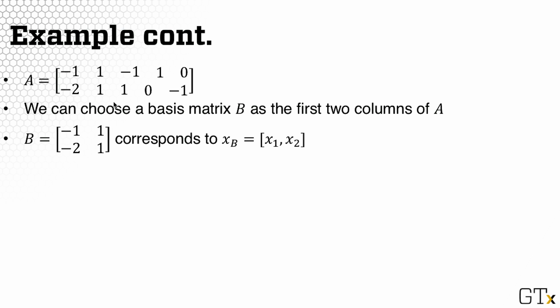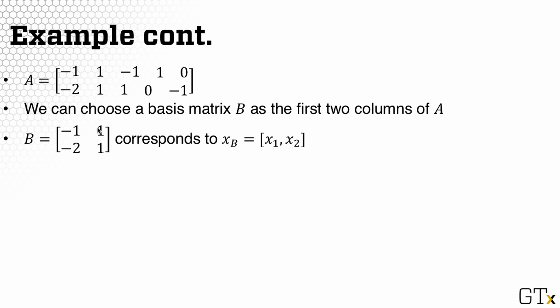So, for example, we can choose the first 2 columns, -1, -2, and 1, 1. And these 2 columns are actually linearly independent. It's easy to see because the determinant -1 minus -2 is 1. So this actually is invertible matrix. Therefore, it must have 2 linearly independent columns and also 2 linearly independent rows.